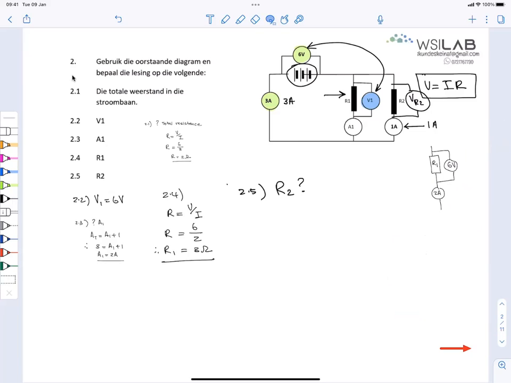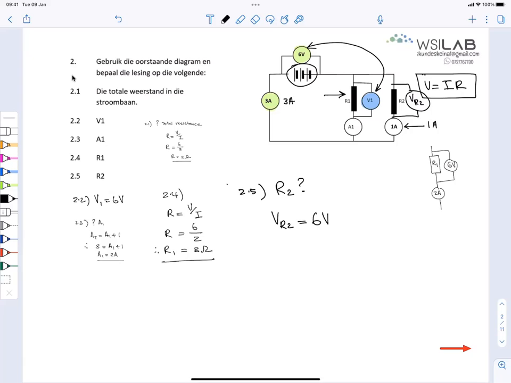Okay, anyone's got an answer? Not yet. What is the voltmeter reading? What is the volt VR2? What's that reading over that voltmeter? 6 volts.